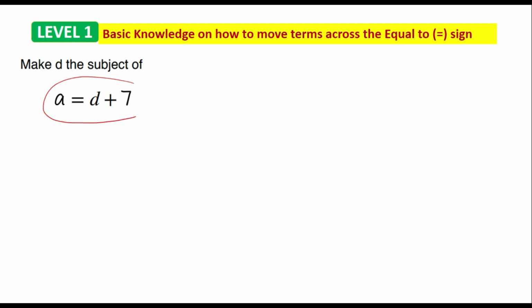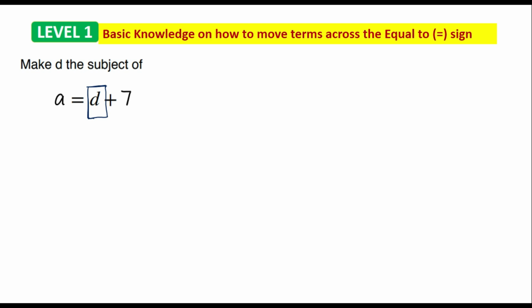Now in this given equation, it is A which is the subject. So our aim should be to give this position to D. As a basic rule, if you want to make D the subject, it just means that D has to be all alone on this side.